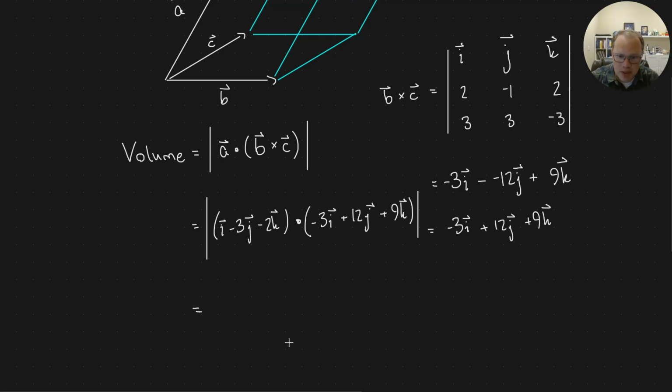Okay, so multiply corresponding components. So I get 1 times negative 3 is negative 3, plus negative 3 times 12 is negative 36, plus negative 2 times 9 is negative 18.